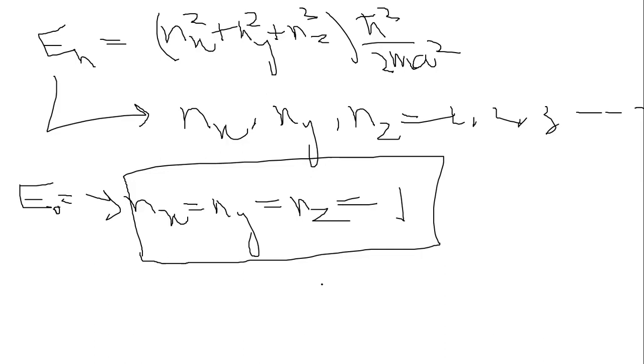So when we put these values, nx square plus ny square plus nz square times h cross square by 2m a square, how much value do we get?